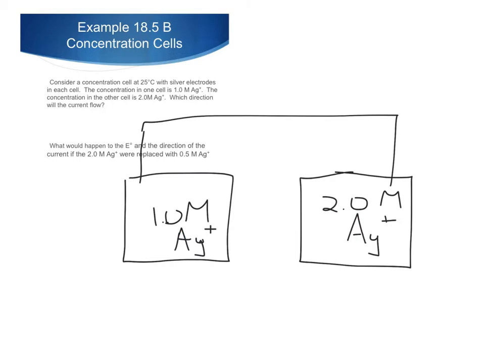In order to get a higher molarity in my left cell, the way that I've written it, it's arbitrary, but I put it on the left, I would need solid silver. Okay, solid silver turning into aqueous silver, and that would release an electron. So here again we found the anode. This handwriting is not working today.